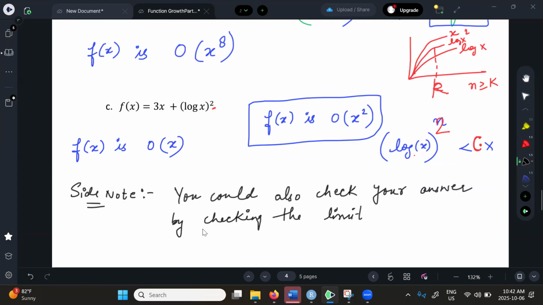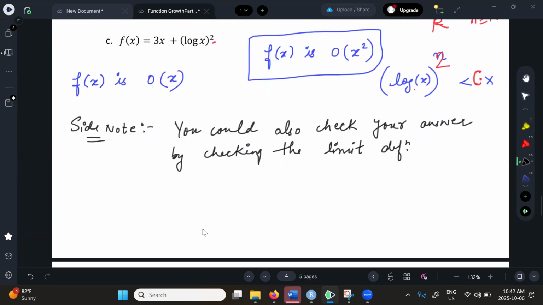The limit definition. Now, what am I saying? I'm saying that log x squared is big O of x. You want to check that log x squared over x, limit x approaching infinity.